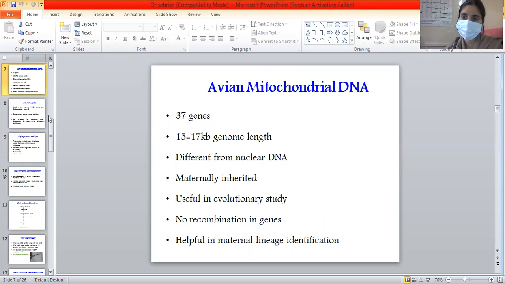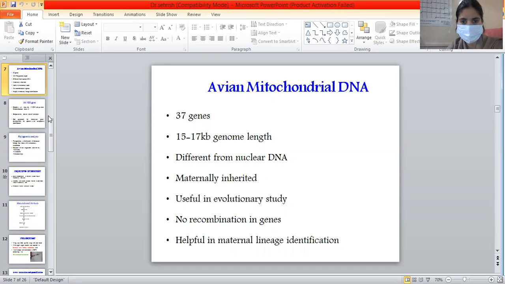There are some characteristics of the avian mitochondria: there are exactly 37 genes, spanning approximately 15 to 17 kb of genome length. This is a little bit different from the nuclear DNA, and its inheritance does not follow the classical Mendelian inheritance. The inheritance is exclusively from the maternal side.